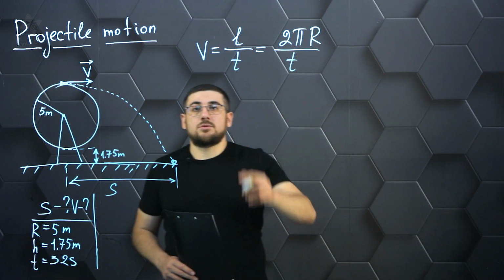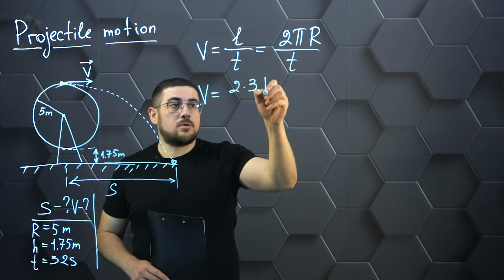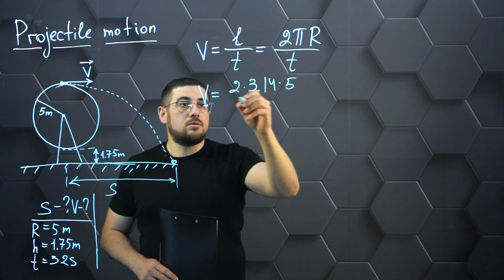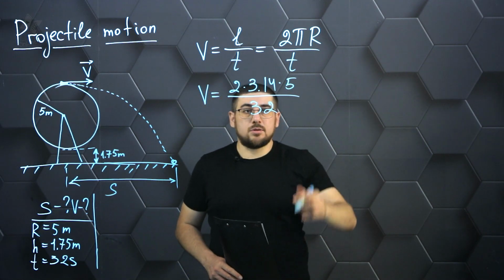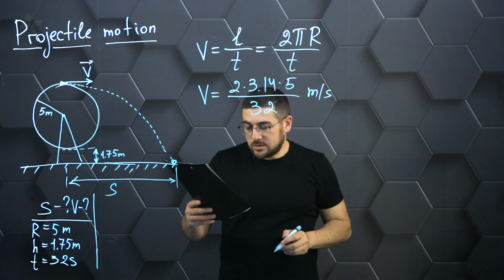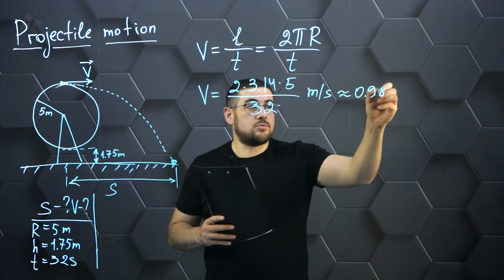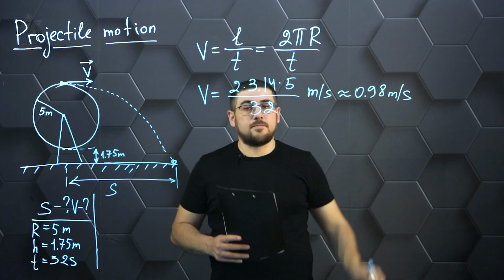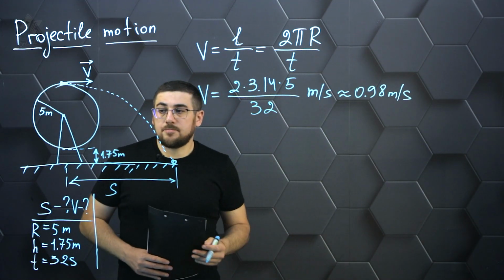Let's put in the values and calculate this velocity. We already have all the values in SI, so we get the velocity in meters per second. And so after calculating that, we've got a velocity of 0.98 meters per second. This is the speed at which this rotation is occurring.